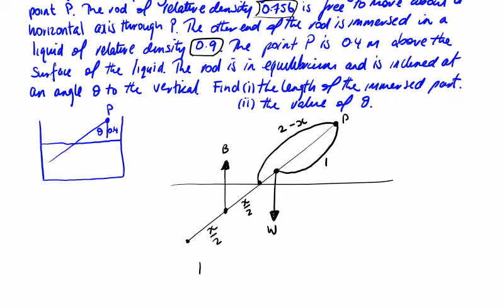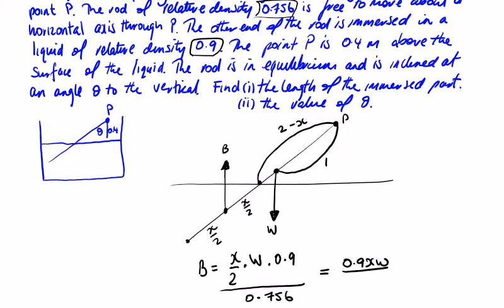The buoyancy is equal to X over 2 times W times the relative density of the liquid, 0.9, divided by S, the relative density of the rod, 0.756. We can tidy that up by bringing the 0.756 to the bottom, so we get 0.9xW over 1.512.